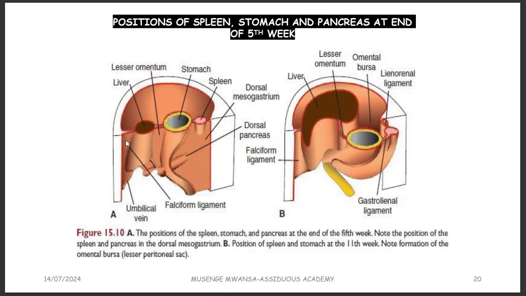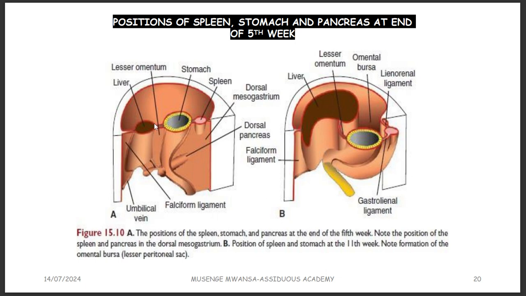So in this layer, you can see the liver starts to develop all the more faster, but it still remains attached to the anterior abdominal wall. And that ligament that still attaches it there is known as the falciform ligament. That is the same in adults, it is still there. And then the liver is attached to the stomach.